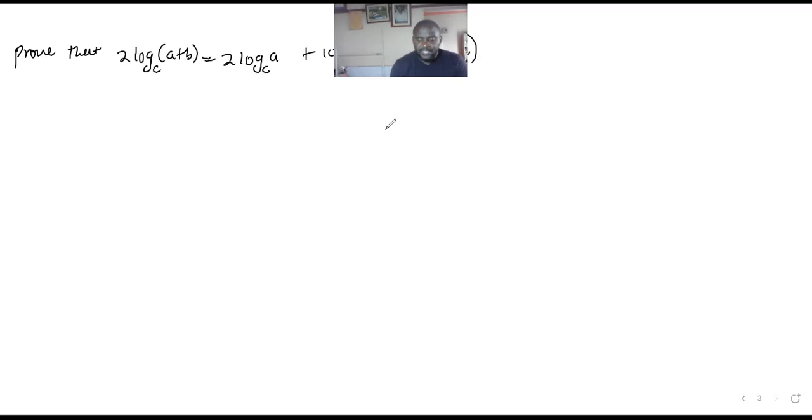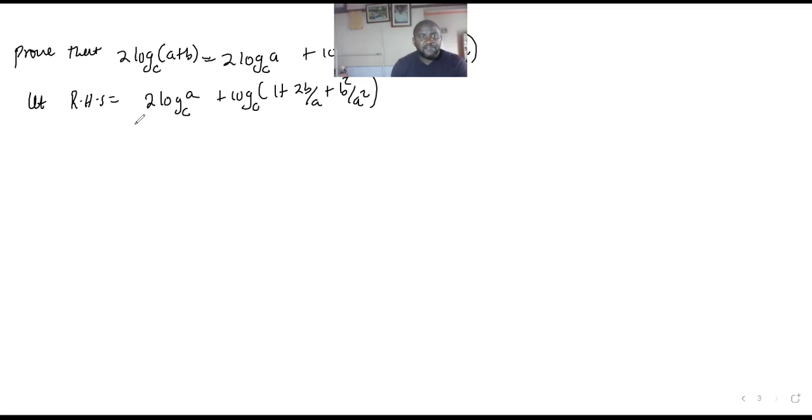So with that proof, we can start from the right-hand side. Because if it's a proof, you start from anywhere. So you let the right-hand side be equal to twice log base c of a plus log base c of brackets 1 plus 2b over a plus b squared over a squared, close brackets.